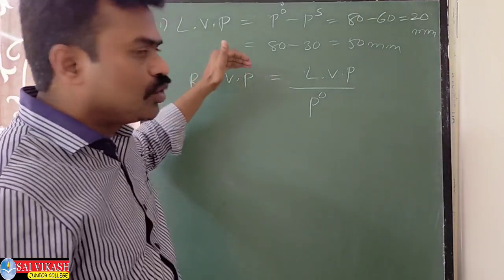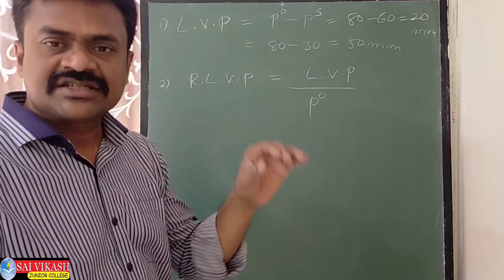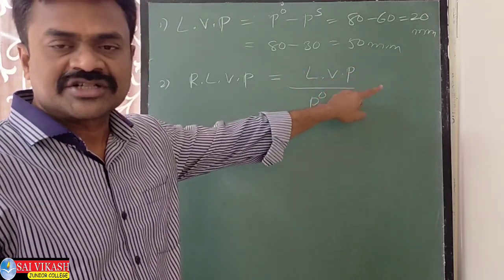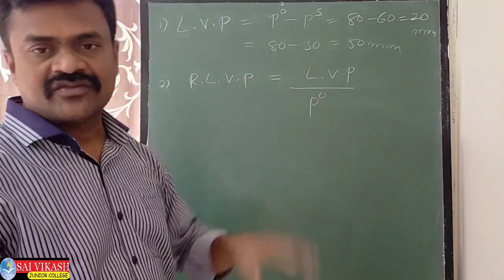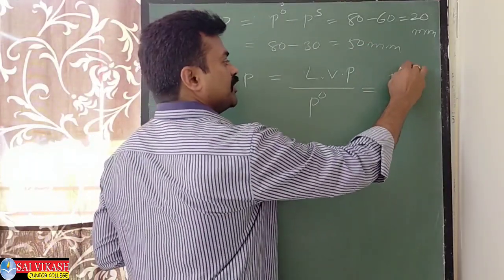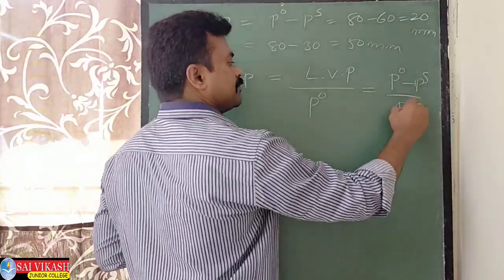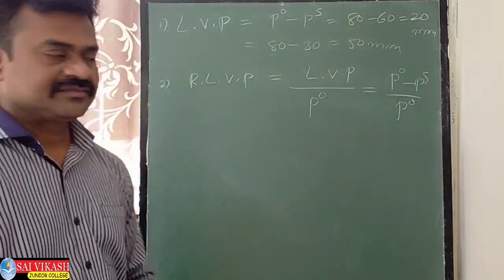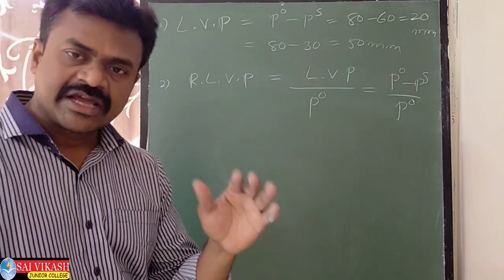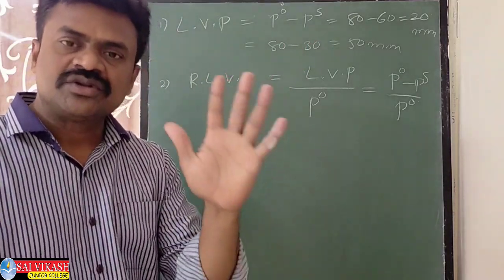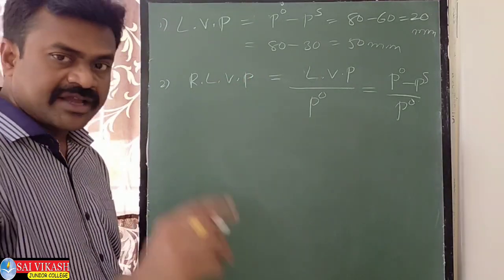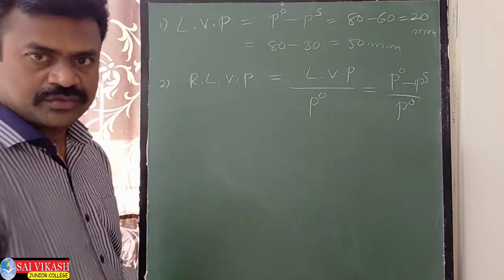Relative lowering of vapor pressure means the ratio between lowering of vapor pressure and vapor pressure of pure solvent. Lowering of vapor pressure formula we know: P naught minus Ps by P naught. This is relative lowering of vapor pressure. What I am telling now, you only need to write as home notes or running notes, okay? And also by reading the NCERT textbook.